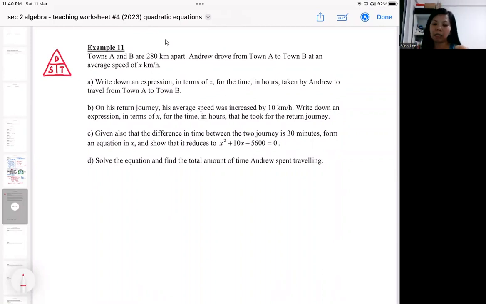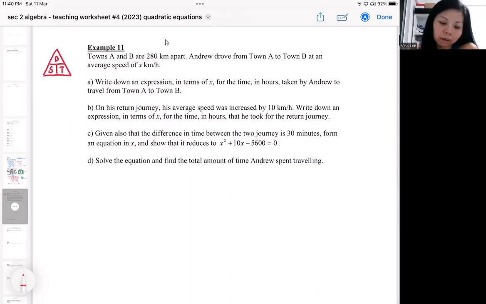Some of you keep making mistakes in speed distance time because you don't really pay attention to the units. Okay, so my reminder again, pay attention to the units. If you don't pay attention, most probably you cannot show certain equations.